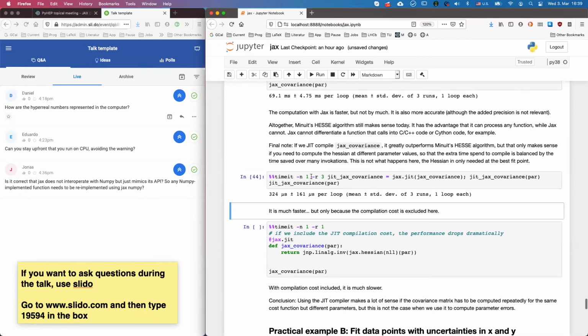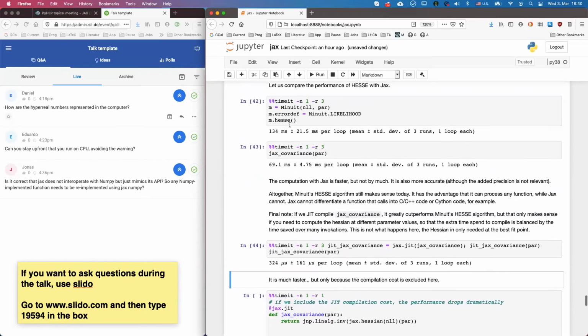Here this is kind of a fair comparison, because normally you write your cost function, and then it's a one shot. For this one problem, you have your one cost function, you want to fit it, and you want to get your errors out.